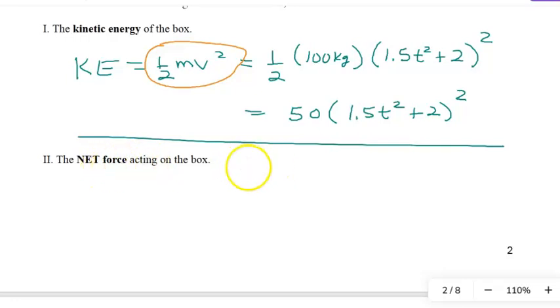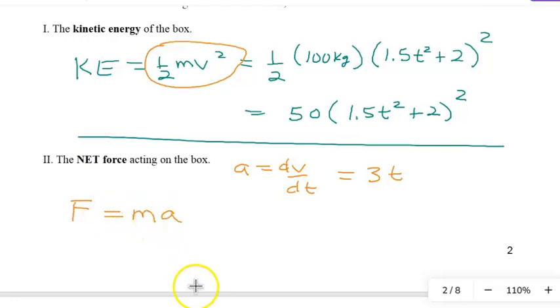If we take the derivative twice, we get A, which is 3t, right? 2 times 1.5. So that's my acceleration, and F equals ma. That's why they had to say net force, because we don't know how much of this acceleration is caused by the person and how much is caused by friction.